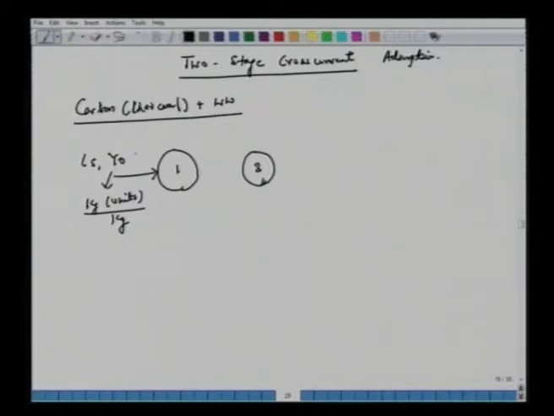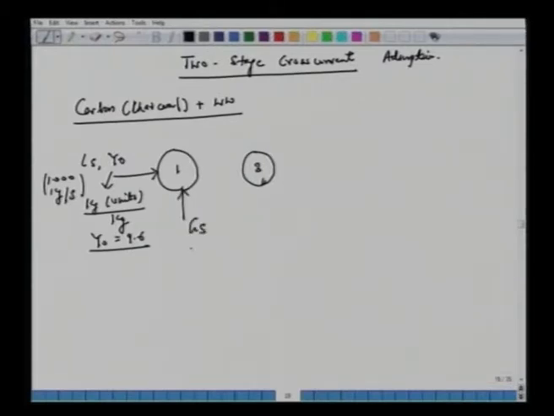Let's say Y0 is given as 9.6, and Ls we have 1000 kg of water to treat. Here we can have 1000 kg or 1000 kg per second; both are acceptable. If we choose a basis of 1 second, then we also have 1000 kg of water.